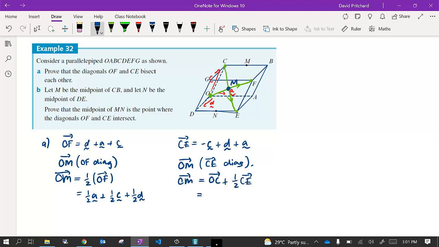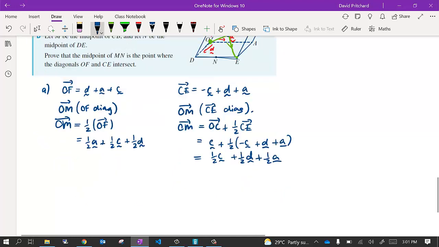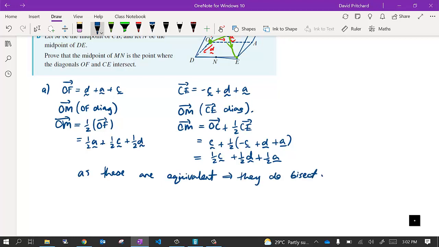So OC will be C, so we've got C plus 1/2 of CE, which is negative C plus D plus A. We determined that earlier. So we've got C, take away 1/2 C, and that gives us 1/2 C plus 1/2 D plus 1/2 A. Now, as equivalent, then we can say that that bisection is true. So they split directly in half.